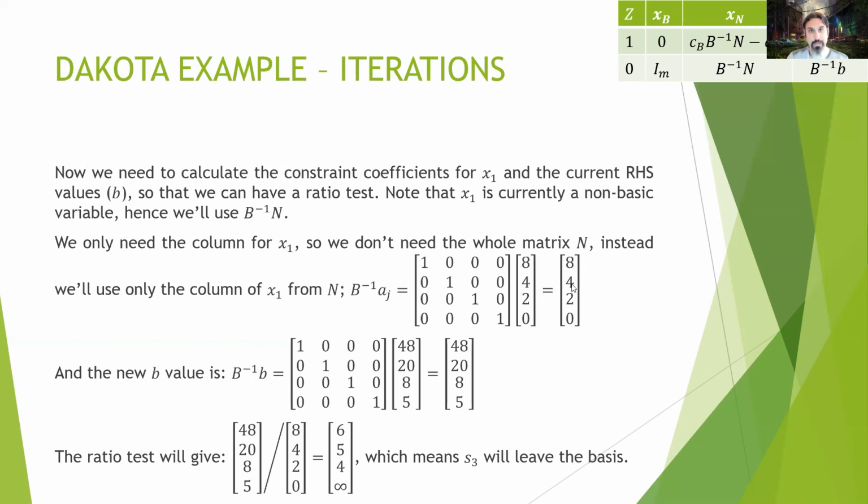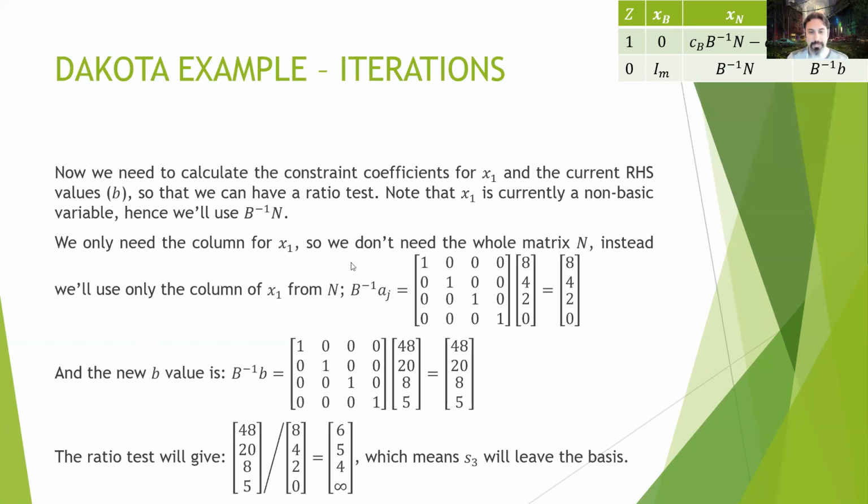From here, we need to find the pivot point. To be able to find the pivot point, we have to do the ratio test. So we have to take the ratio into consideration, which means that we're going to divide the right-hand side values by this value.